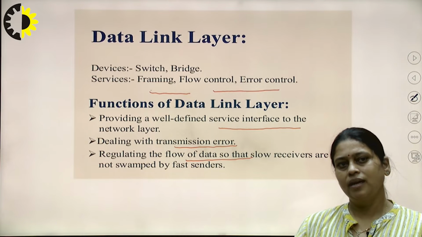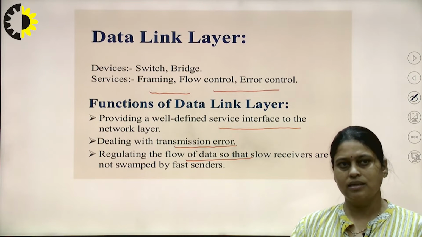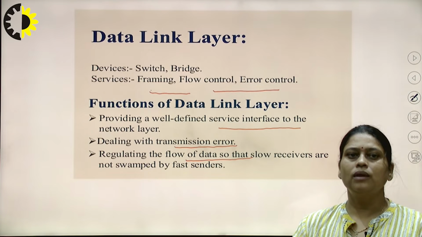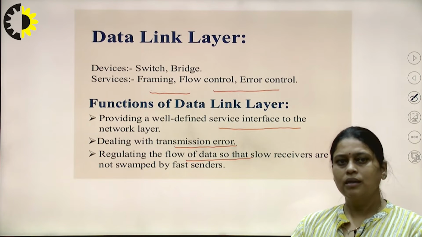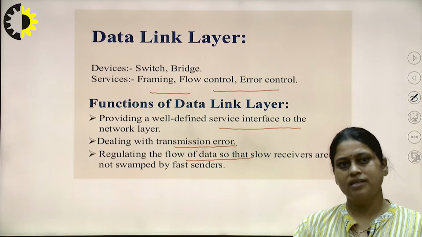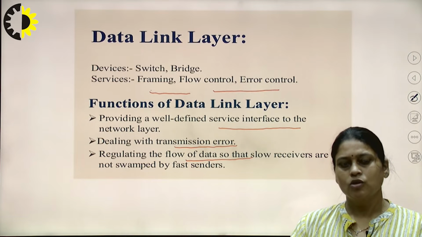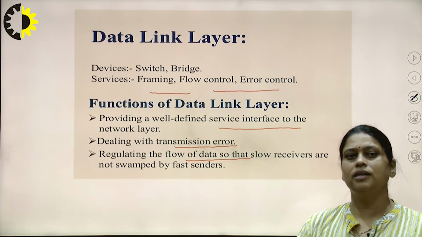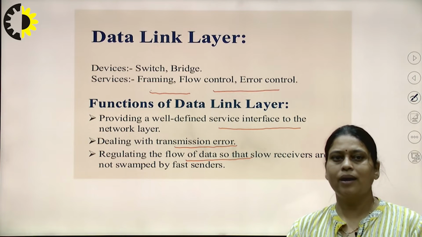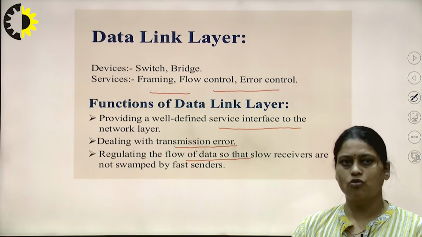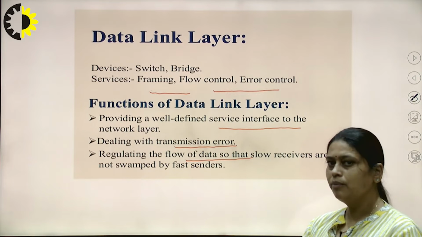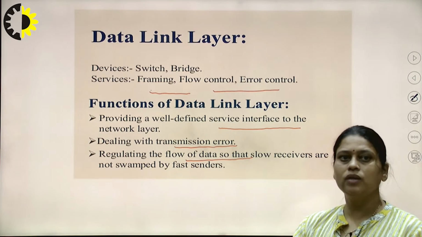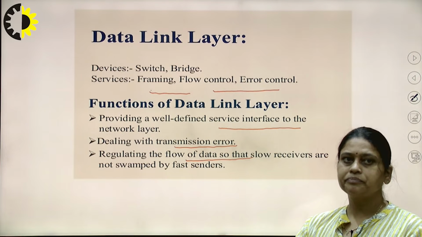If the sender is capable of sending a large amount of data, but the receiver is not capable of receiving that amount, there will be an overflow condition in the channel. So, it provides the facility of flow control also. These are the major functionalities of the data link layer.